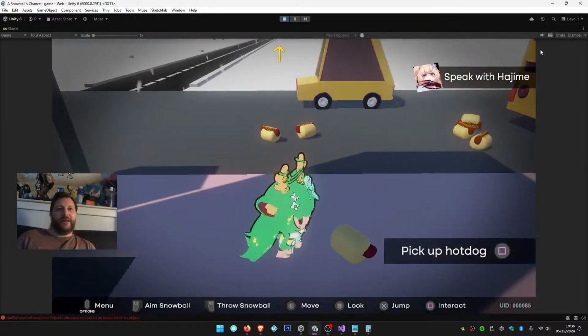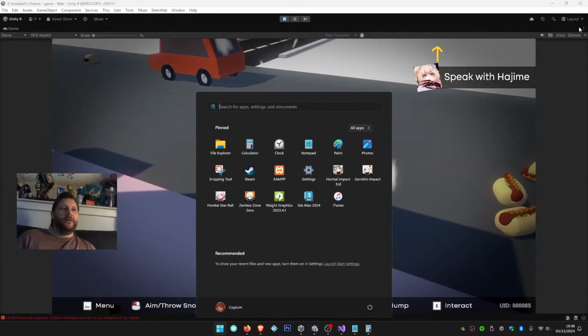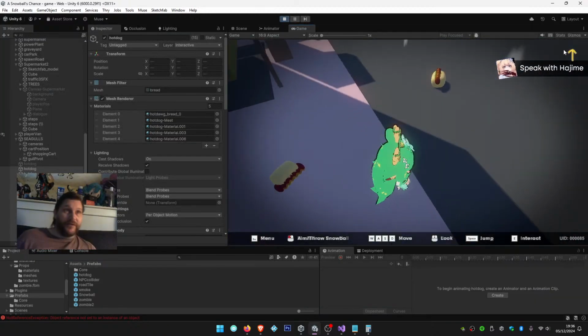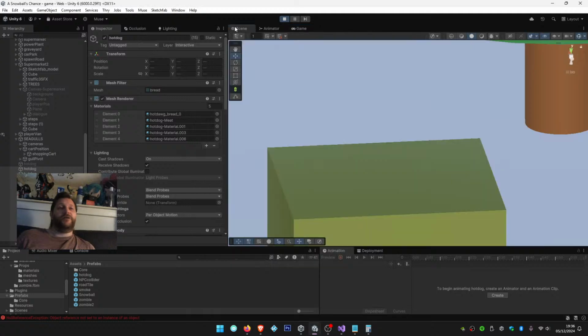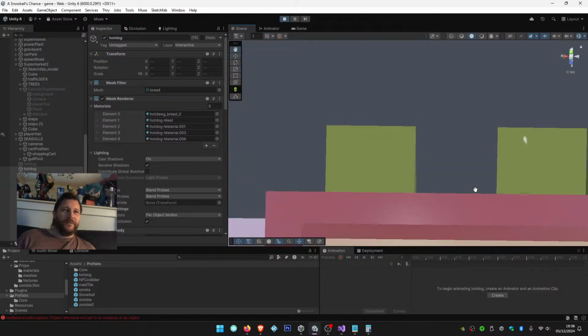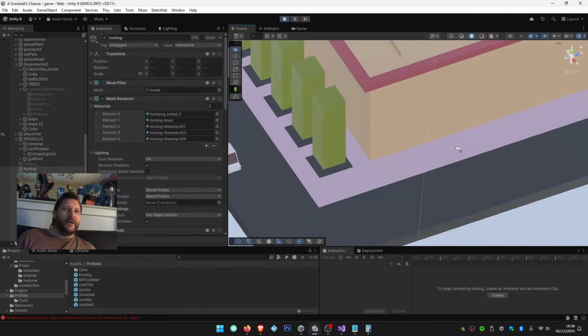I think the reason these hot dogs... Let me check these hot dogs individually. This is what I was worried about, that there's going to be a distance where these hot dogs are just cancelling each other out, which could be problematic. So let me find those specific hot dogs. Where am I?